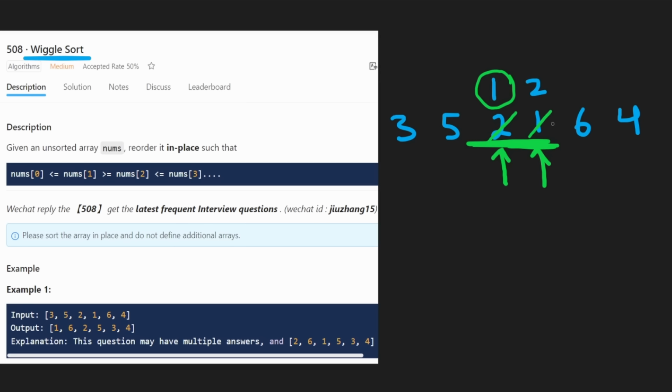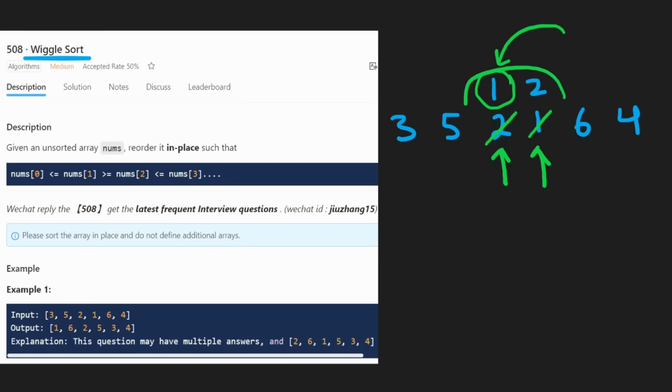What we wanted was this value to be greater than or equal to this one, but it wasn't. It was less than or equal to 2. So when we swap it over here, since we already knew that 2 was less than 5, which is what we wanted, now that we have a value here, 1, which is even smaller than 2, we know for sure it's still going to be less than 5. So we definitely didn't mess anything up.